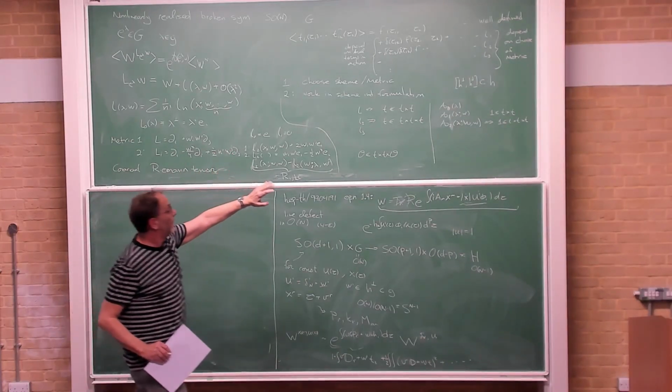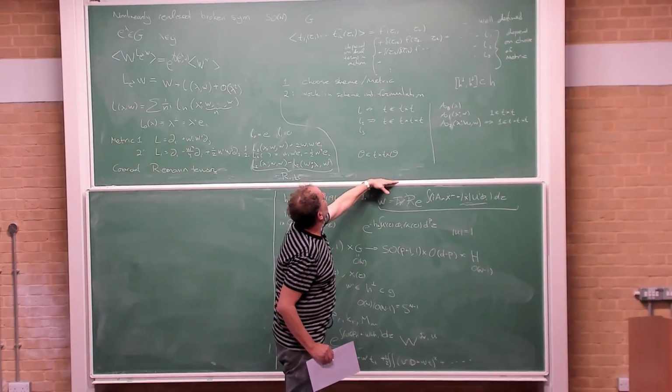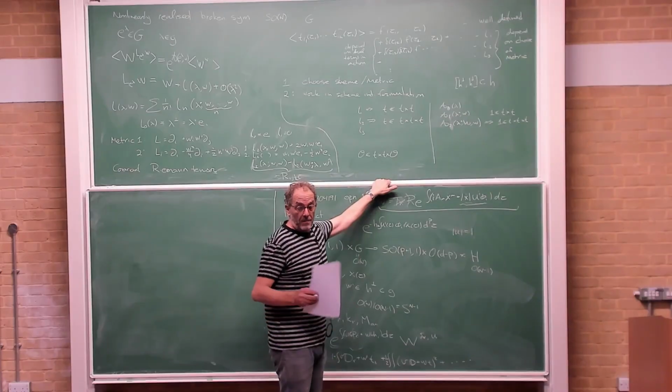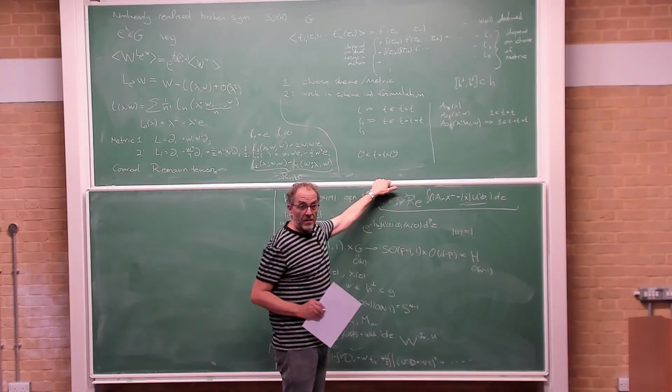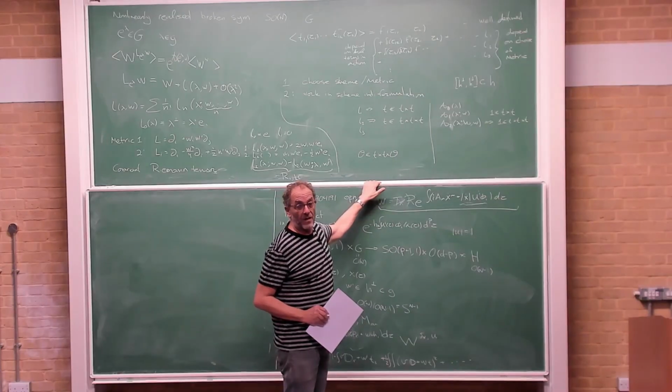And if you know how anomalies appear in correlation functions of energy momentum tensors, here we're looking for similar kind of things, how things appear in correlation functions of displacements and tilts.